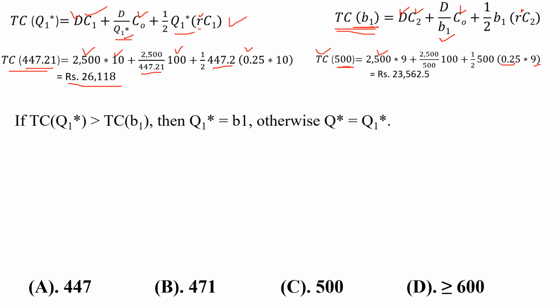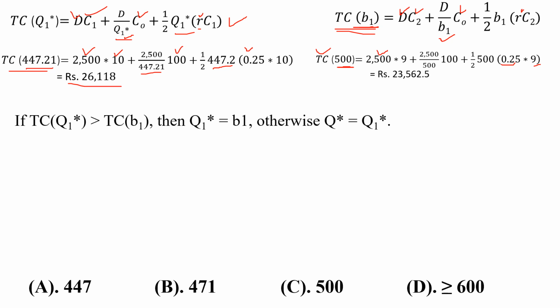Then we compare TC at Q1 star with TC at B1. If the total inventory cost at the Q1 star quantity is greater than the total inventory cost at B1, then our optimal quantity is the B1 quantity. Otherwise, the optimal quantity is the Q1 star quantity.